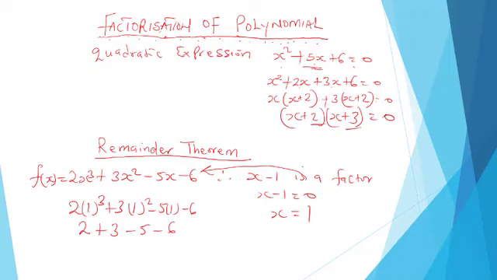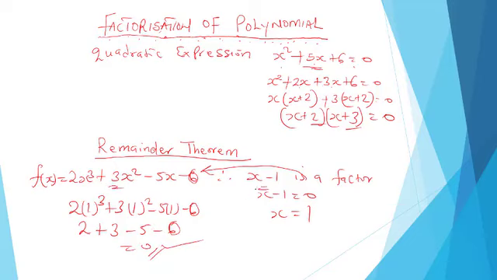So you now have 5 minus 5, which is equal to 0. Since this gives us the value of 0, this expression is a factor of this dividend.